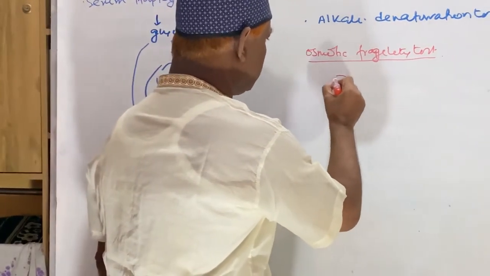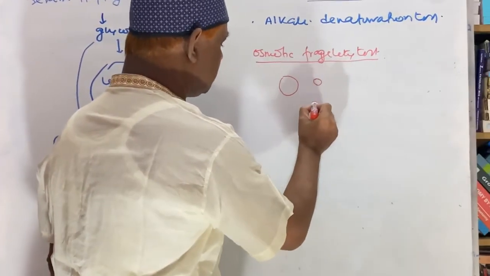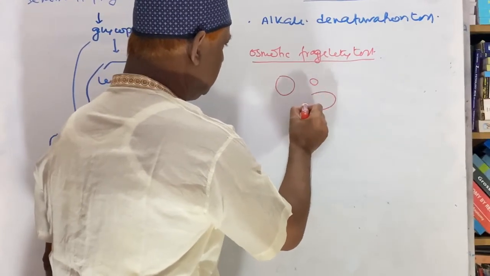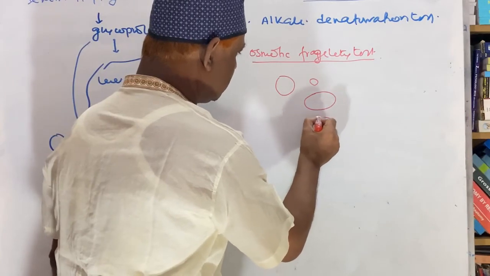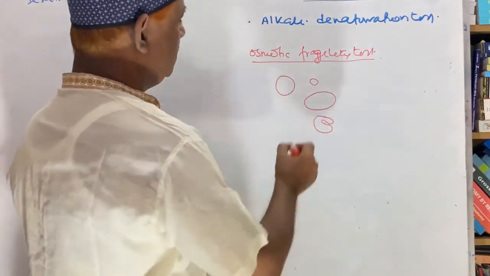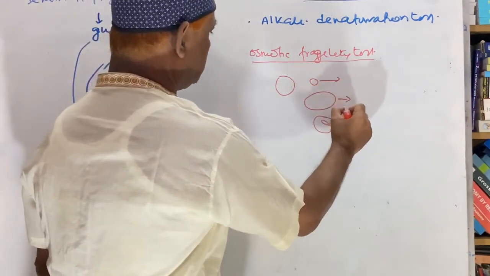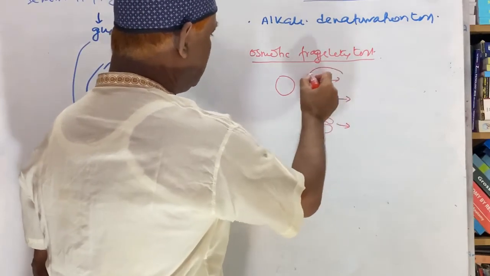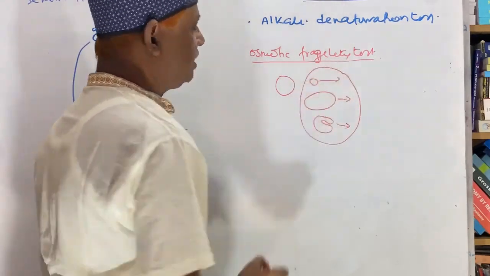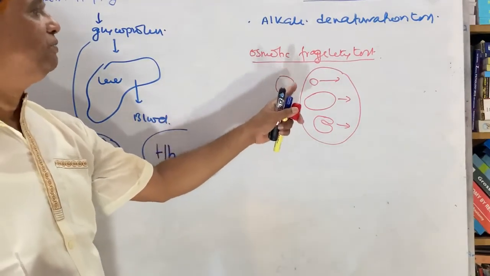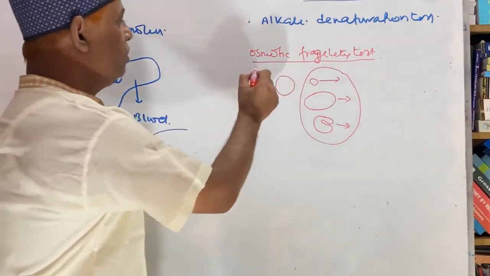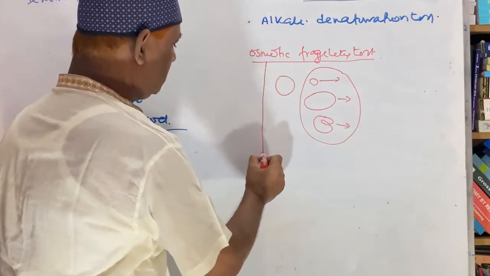If the normal RBC becomes sphere shaped, it is called spherocytosis. If it becomes elliptical, elliptocytosis. If the RBC contains stroma, it is called stomatocytosis. These are all membrane defects causing hemolytic anemia. To detect the membrane defect of RBC, we have to do the osmotic fragility test.